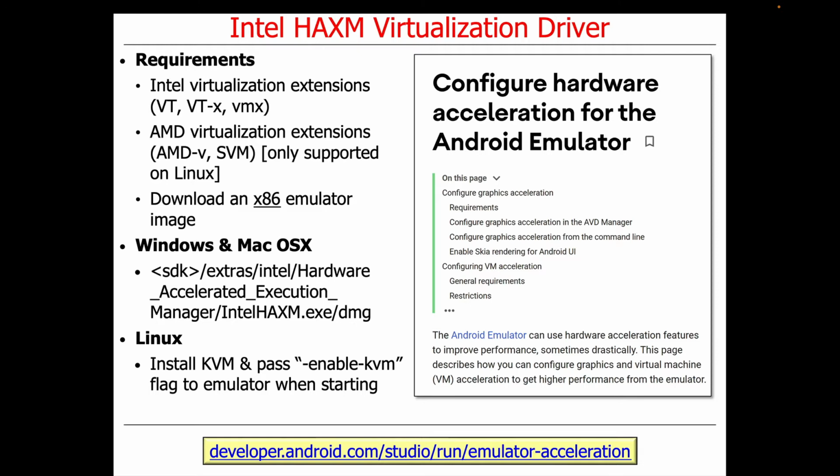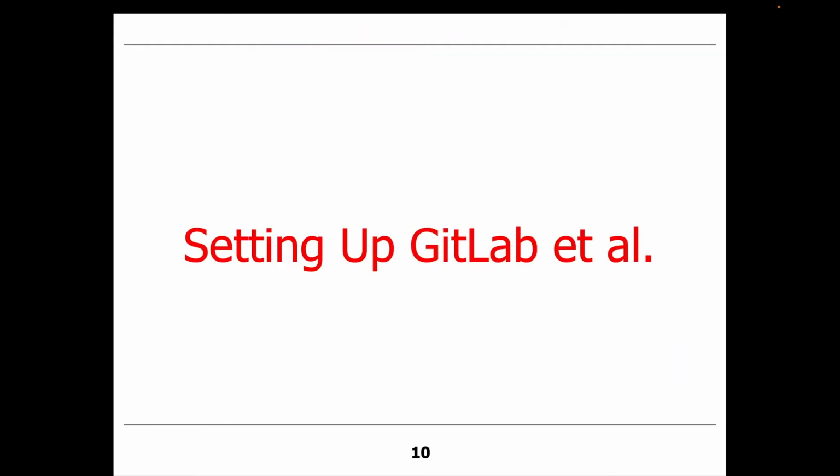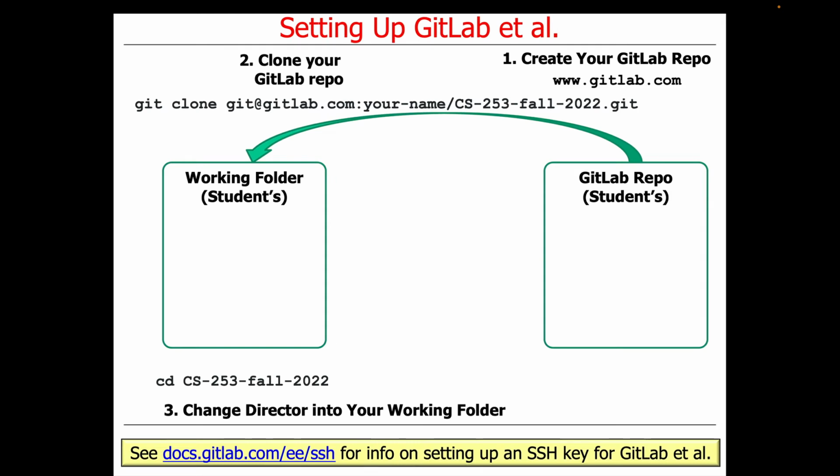You can read more about this at the link at the bottom of the slide. If you don't enable this, your emulator will typically run pretty slow. If you do enable it, it'll be very fast. And if you look at my videos of the assignments, you'll see I have the emulator turned on, and it indeed is quite speedy.